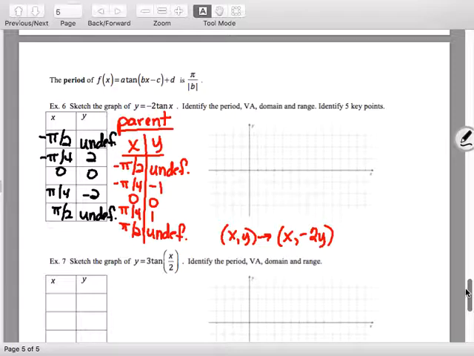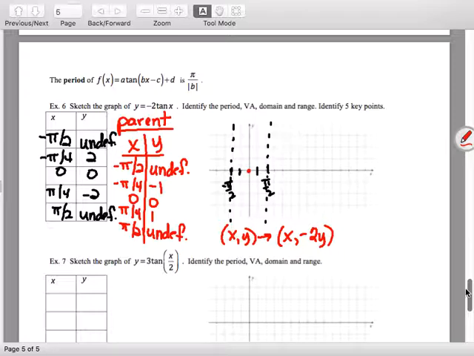And then I just pick my smallest division, which is pi over 4s. So I have vertical asymptotes again at negative pi over 2 and pi over 2.